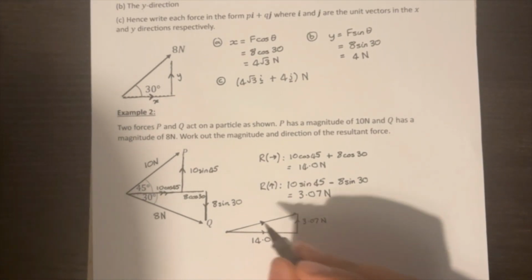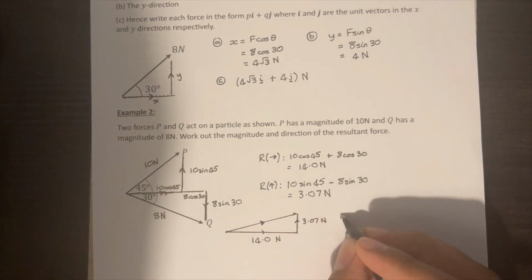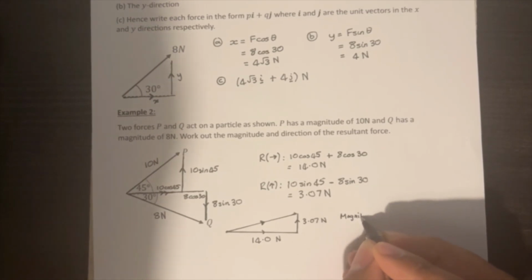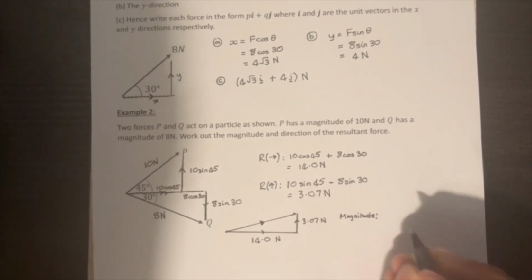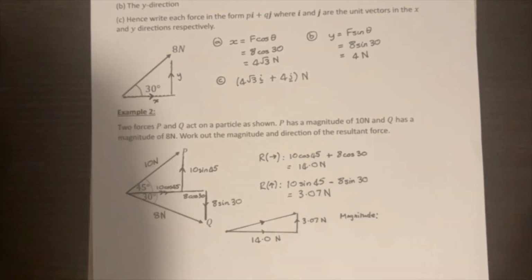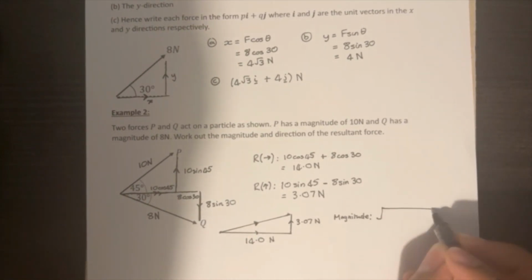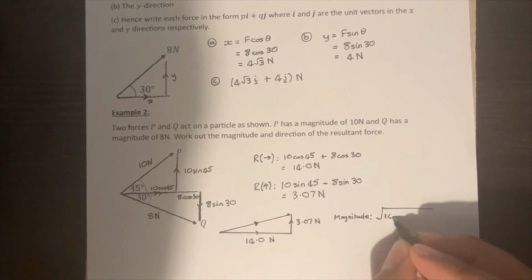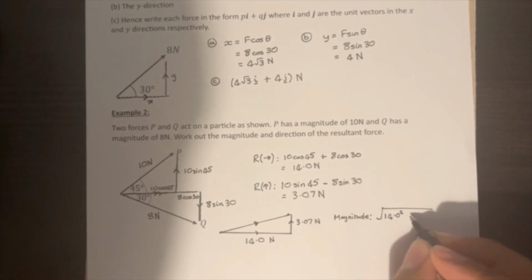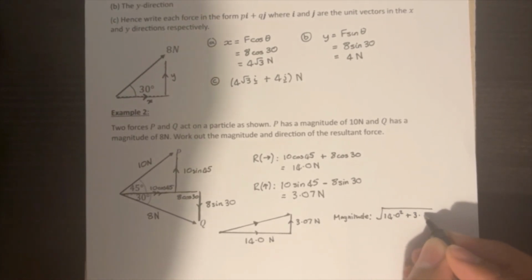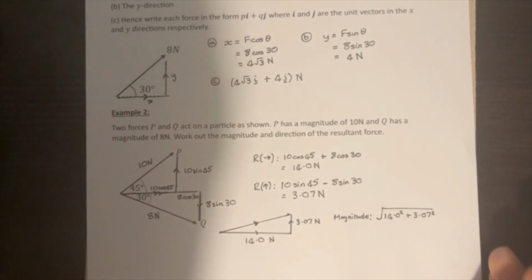So I can find the magnitude of that force using Pythagoras' theorem, because we've been able to form a right angle triangle there. So the magnitude is going to be equal to the square root of 14.0 squared plus 3.07 squared.